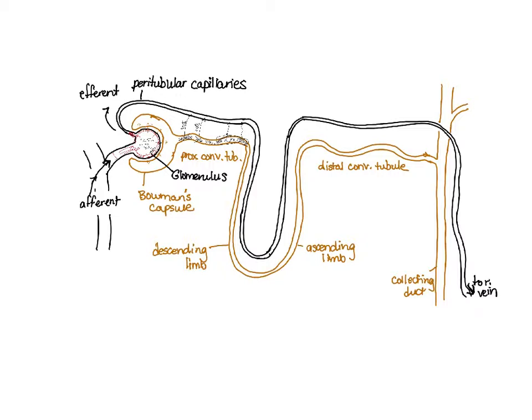And so for the most part in the loop of Henle, what we're going to be trying to do is concentrate what we've got so that we're not excreting quite as much water. So our filtrate is going to be moving from the proximal convoluted tubule into the descending limb of the loop of Henle, but really where our story needs to start out in talking about the loop of Henle is the fact that in our ascending limb over here, we're losing or reclaiming a lot of the sodium and a lot of the chloride ions.